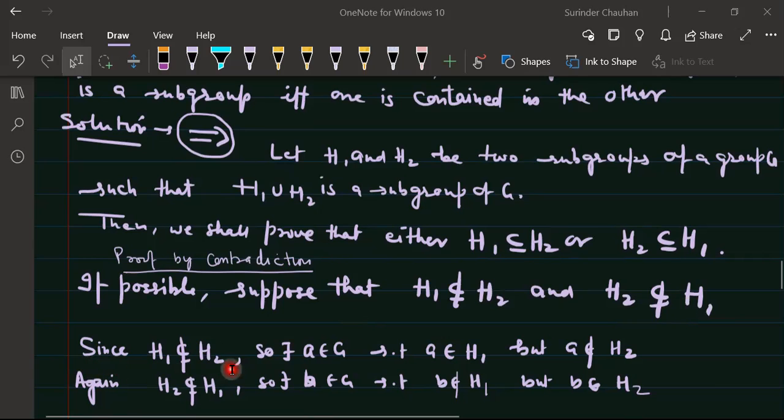Since H1 is not a subset of H2, this implies there exists a in G such that a belongs to H1 but does not belong to H2. Similarly, since H2 is not a subset of H1, there exists b in G such that b does not belong to H1 but belongs to H2.